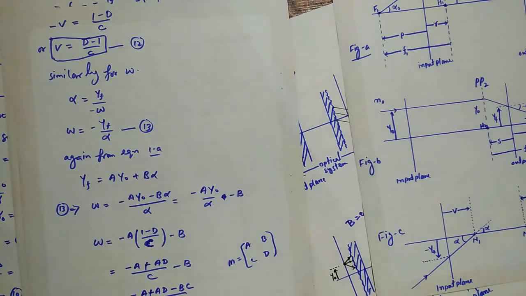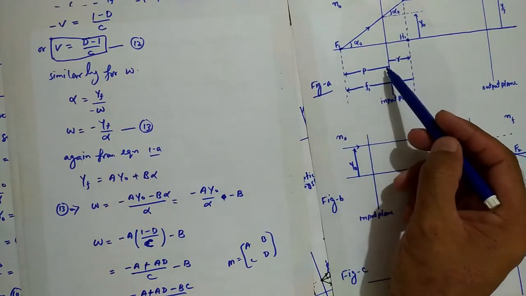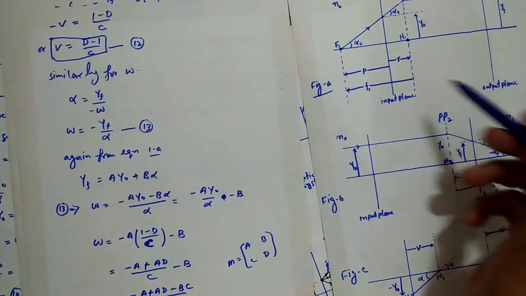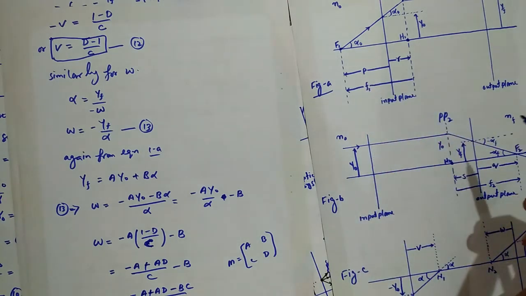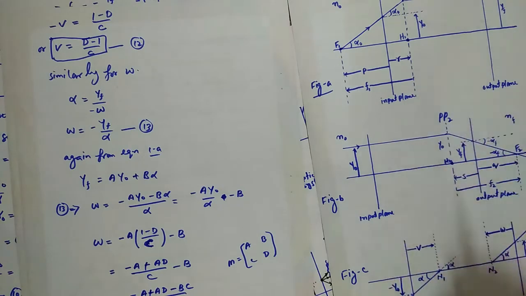Now here are special cases of the position of the front focus point with respect to the input plane and output plane, which is P and Q respectively, and similarly for F1 and F2, R and S.